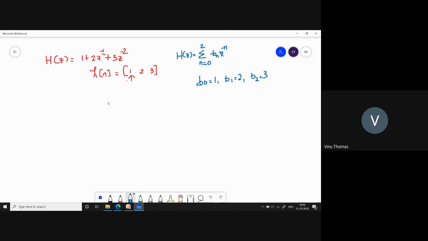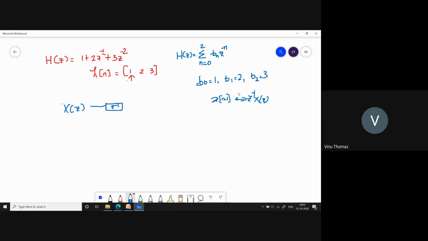So h of z is 1 plus 2z raised to minus 1 plus 3z raised to minus 2. You have to implement some function where x of z goes through an h of z and gives you a y of z. So you require two delay elements here. I will call this z raised to minus 1, because z raised to minus 1 represents a delay. If you write z raised to minus 1 into x of z, its inverse z transform is x of n minus 1, which we had seen in the previous semester.